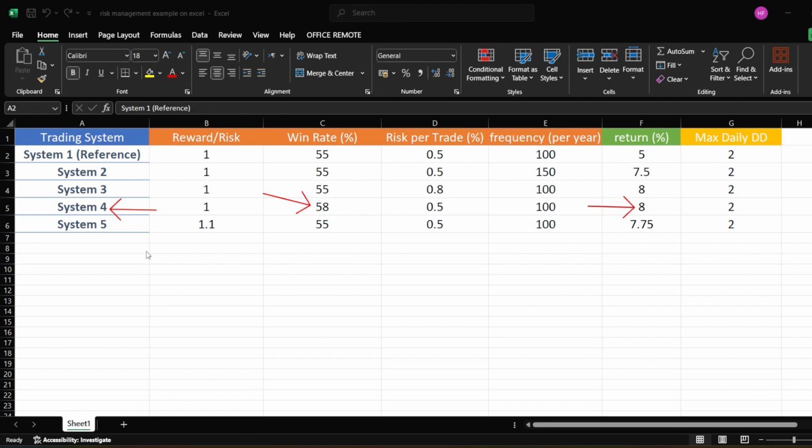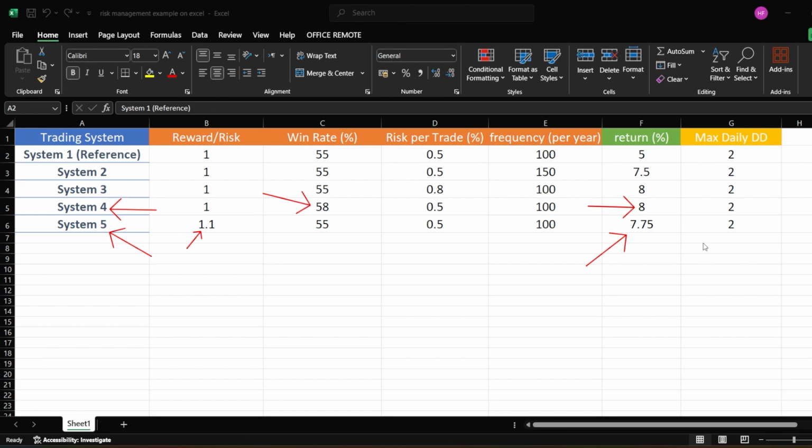And our final system, system 5, has a slightly higher reward to risk ratio with 1.1 reward to risk ratio, and we can see the return is 7.75%.